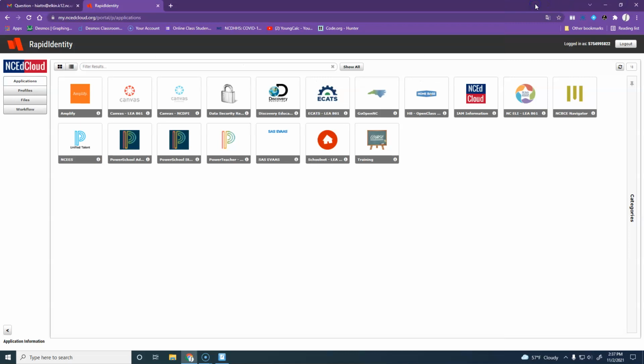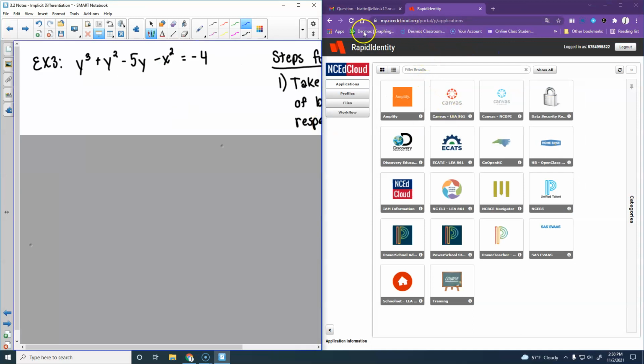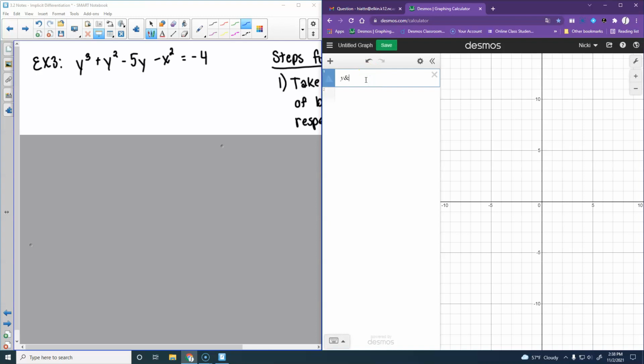Like if we wanted to, and I do because sometimes these are so cool, if I pull up Desmos over here, this is the great thing about Desmos that you don't get to use on your test. So this is the graph we're talking about right here.